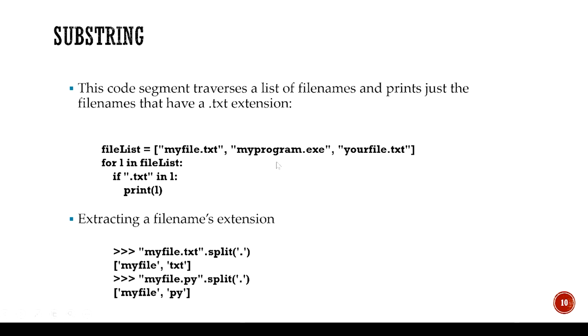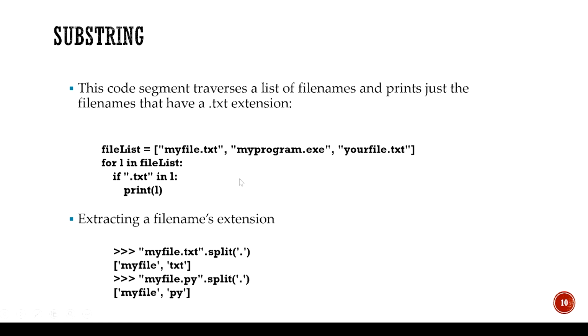It has 3 items, and they are all strings because we see quotation marks. And then we define a for loop to go through all items in the list. And if the txt extension exists in an item, then we print the name of the items that we have in the list.